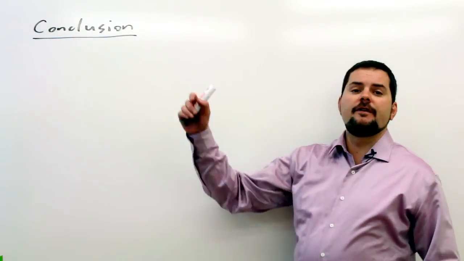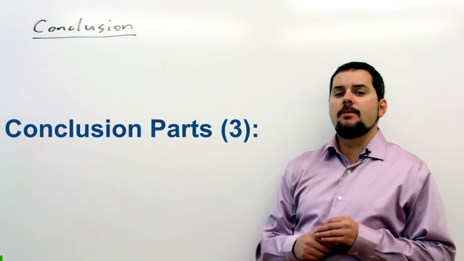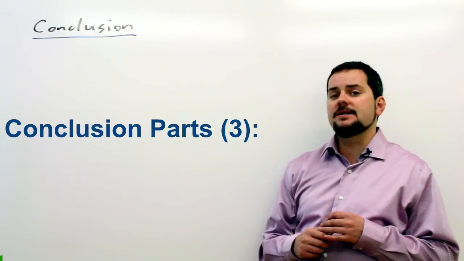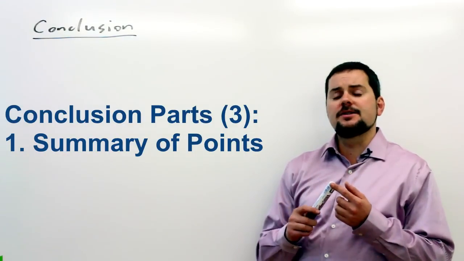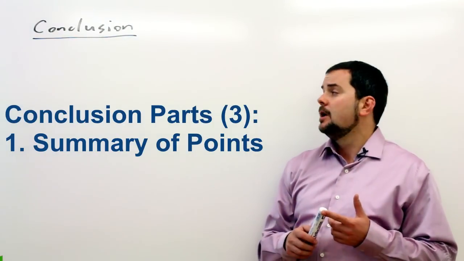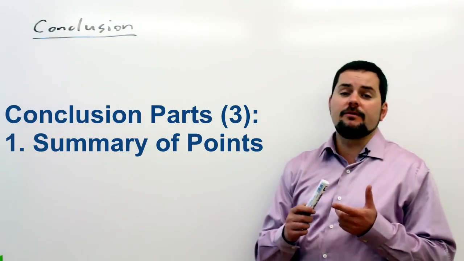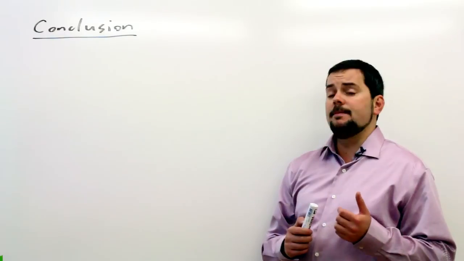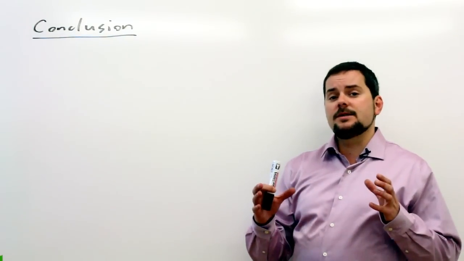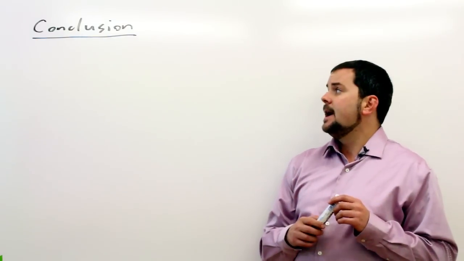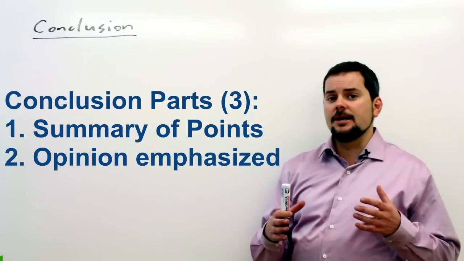The conclusion, the final paragraph of your task 2, has 3 important parts, and you should remember these from past lessons. One is a summary of your main points. So my main points, of course, were innovative and dynamic from body paragraph 1 and body paragraph 2. So you need one sentence, which is a summary of those. And then the second sentence is, again, the opinion.